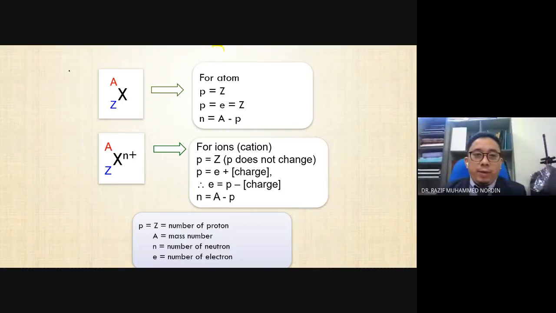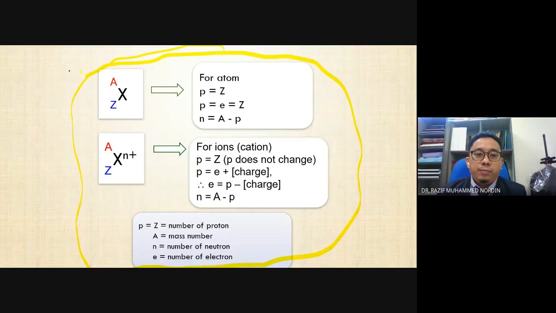Okay. This is very critical. This is the basic concept. For an atom, it has its mass and its proton number.